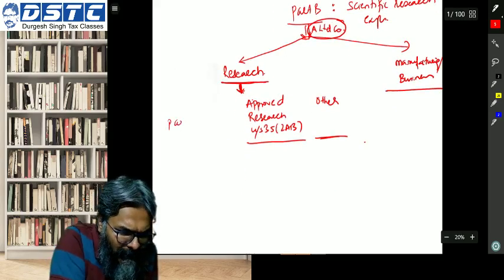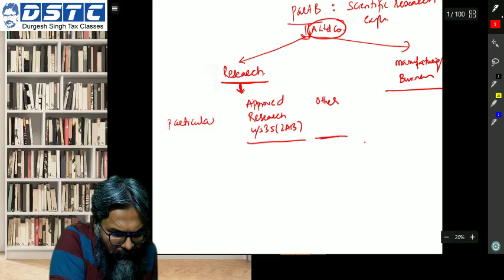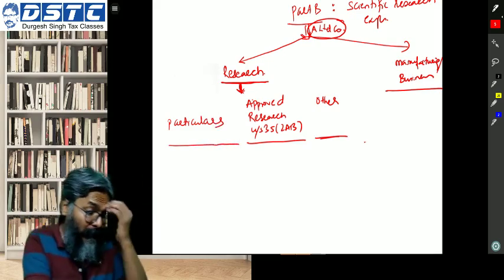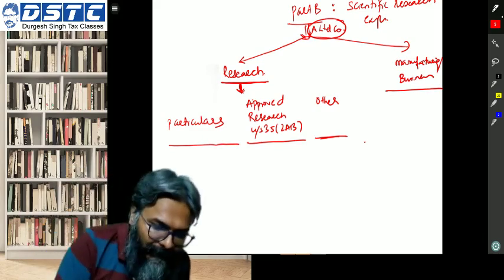So I'll make a 3-column particulars, then there is an approved research under section 35(2AB), and then there is an other category.